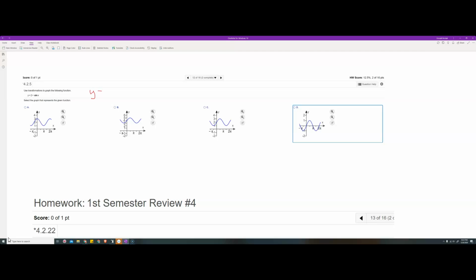All right, our next graph is y equals 2 plus sine x. So that is going to take a regular sine graph and move it up 2 places. So if I was to draw a regular sine graph on one of these, I'm just going to slide it 2 places up.